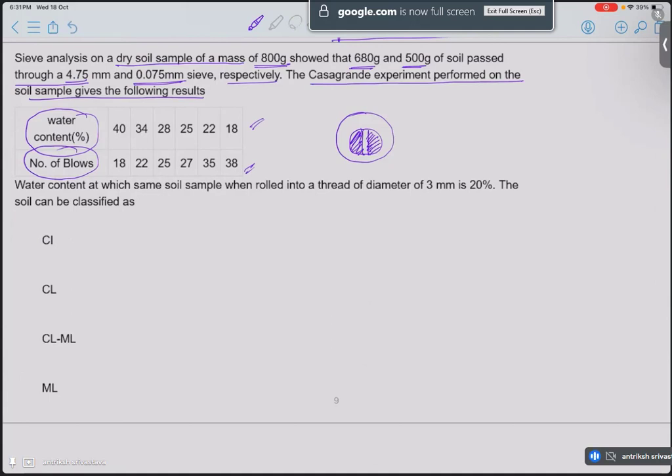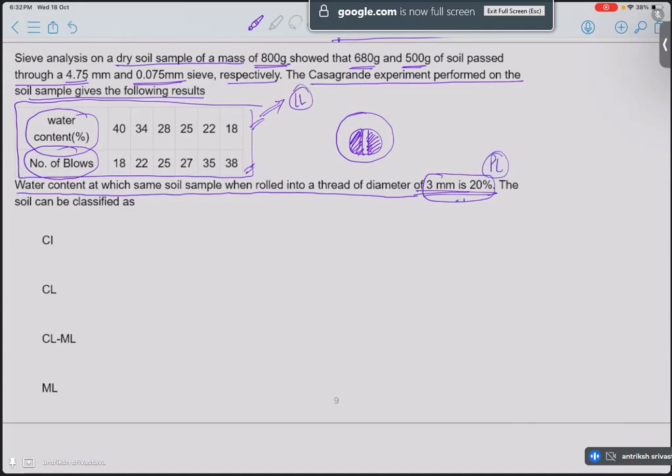And what else is given? We are also given the water content at which the same soil sample, when rolled into a thread of diameter 3 mm, is broken. So using these two, you should immediately think that we are given some information related to liquid limit and plastic limit.